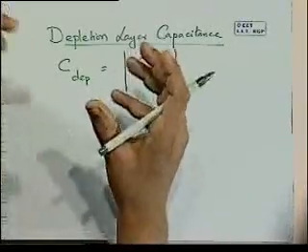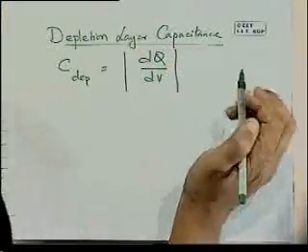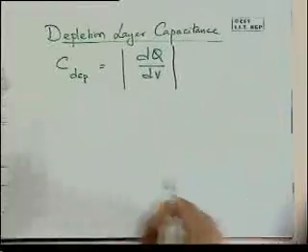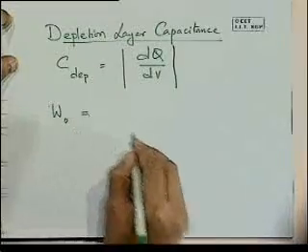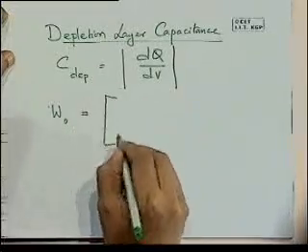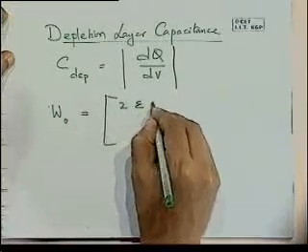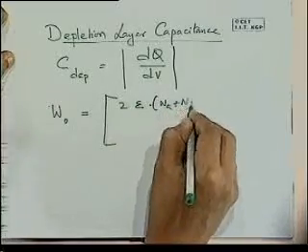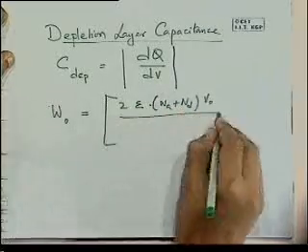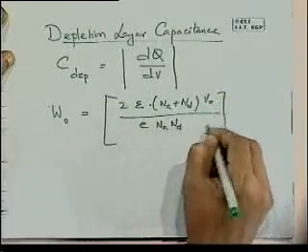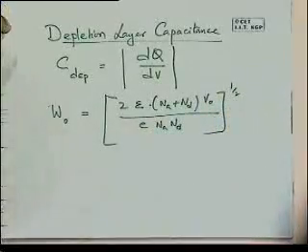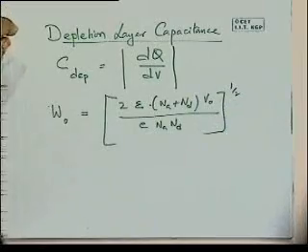So these are the charges that are stored within the depletion layer. We had this expression for the depletion layer width in equilibrium, W0 equals [2 epsilon (Na plus Nd) V0 by e Na Nd] to the power half. This is what we had under the open circuit, no biasing.